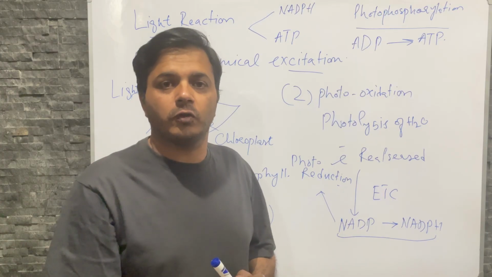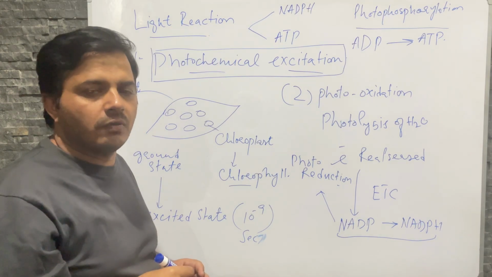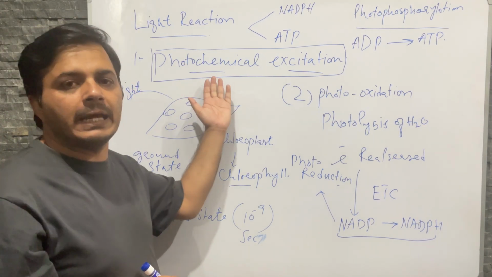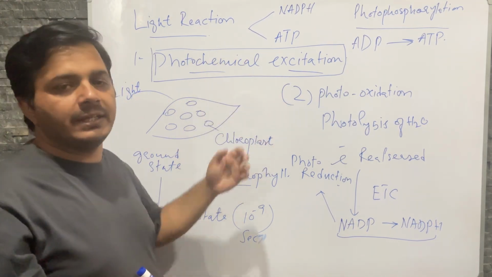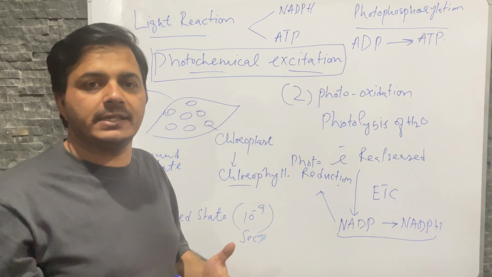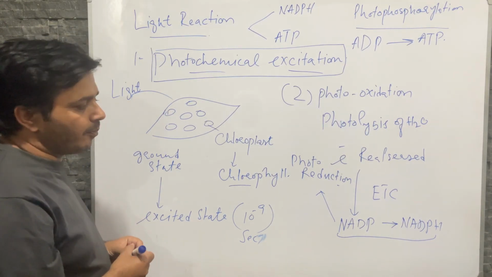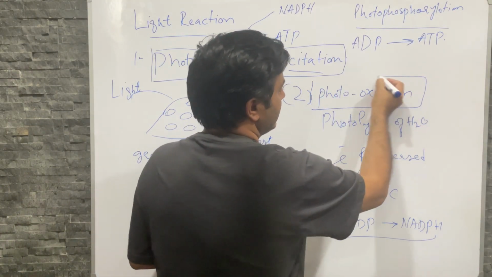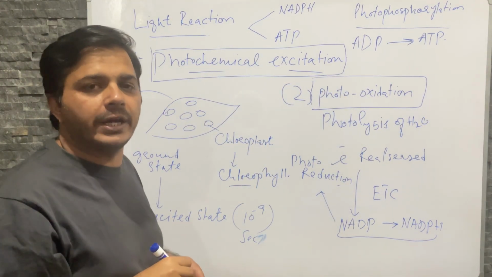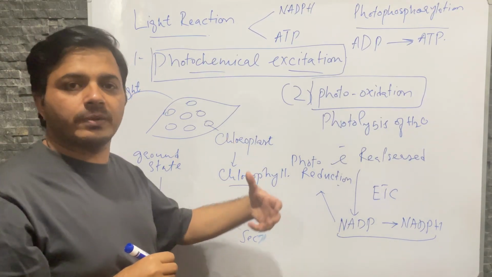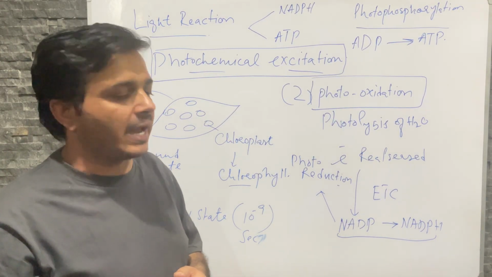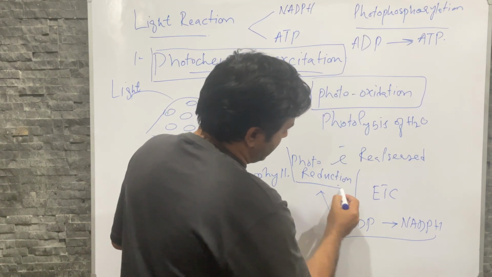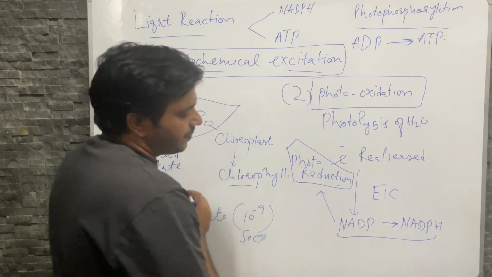What we covered here is that during photosynthesis, the first step is photochemical excitation, where chlorophyll molecules get excited. In the second term, we learned about photooxidation, where the electrons from the water travel through different carriers and reduce NADP to NADPH, and the process is called photoreduction.